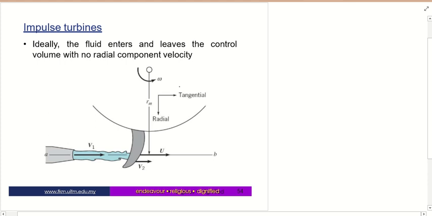To find the torque produced from the shaft, we just need to obtain the tangential velocities, v tangential 1 and v tangential 2.